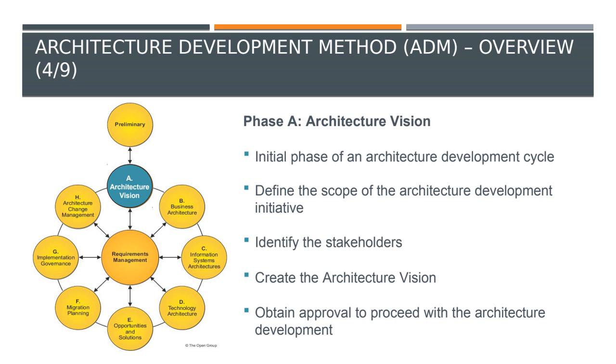Phase A is architecture vision. You see this one here? It's an initial phase of an architecture development cycle. It defines the scope of the architecture development initiative. Here also you identify your stakeholders in the architecture vision phase.